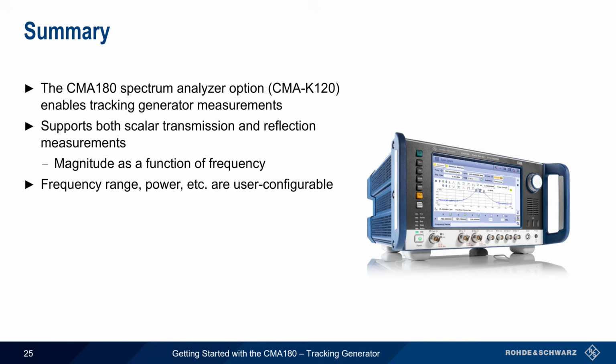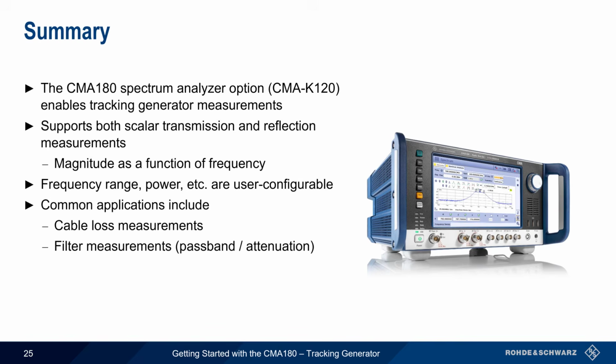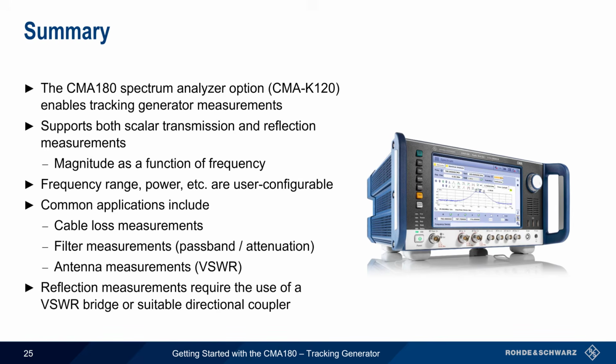There are many applications of tracking generators, and in this presentation we covered 3 of the most common: cable loss measurements, filter measurements, and antenna VSWR measurements. And lastly, please keep in mind that reflection measurements require the use of a VSWR bridge or other type of directional coupler. This concludes our presentation, Getting Started with the CMA180 Tracking Generator.